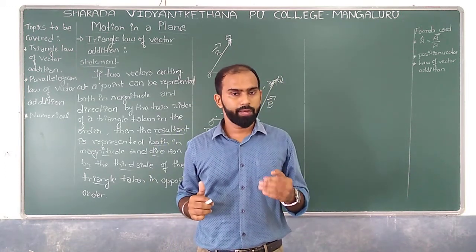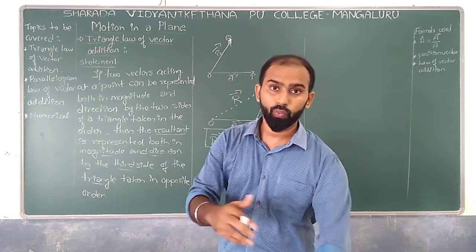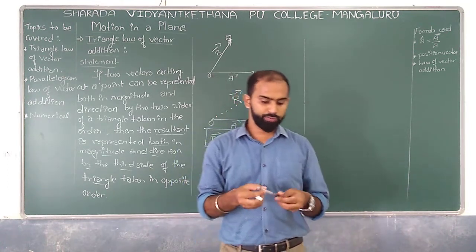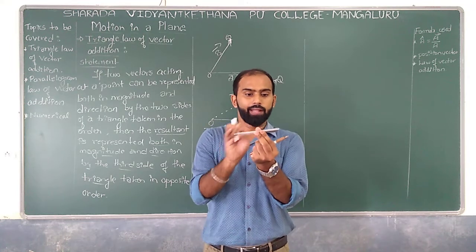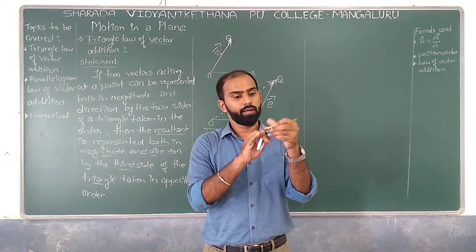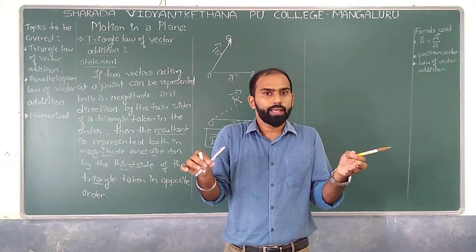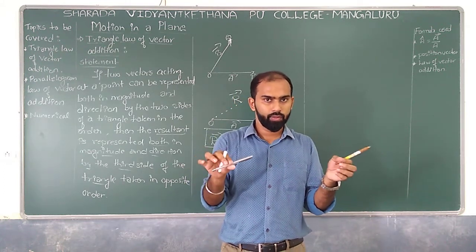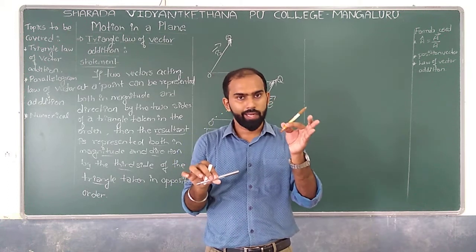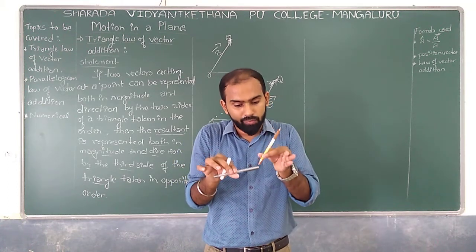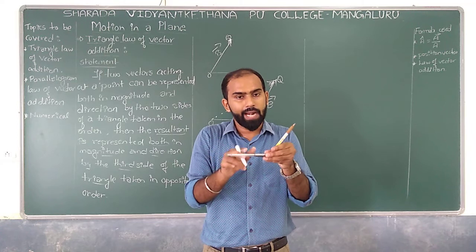You can add two vectors, if this is a tail and this is a head, and this is a tail and this is a head, when the tail of the second vector coincides with the head of the first vector, then I can add them.